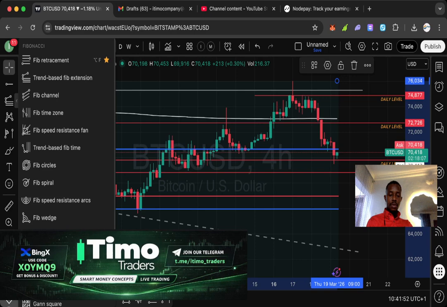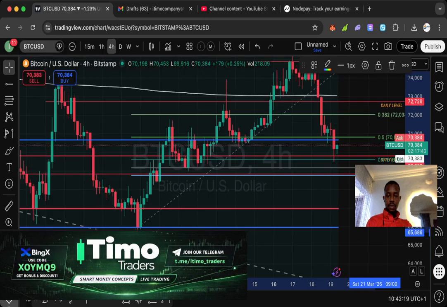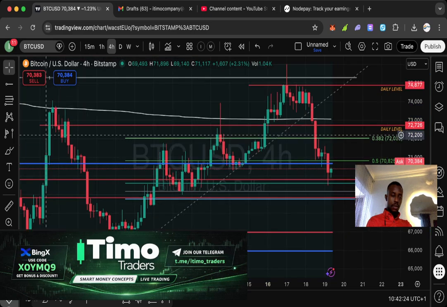I'm going to show you guys what I'm expecting when it comes to Bitcoin. Okay, so I believe you can see my chart. So this is what I'm expecting, to be honest with you guys. I'm expecting a movement to the upside like this, then like this.